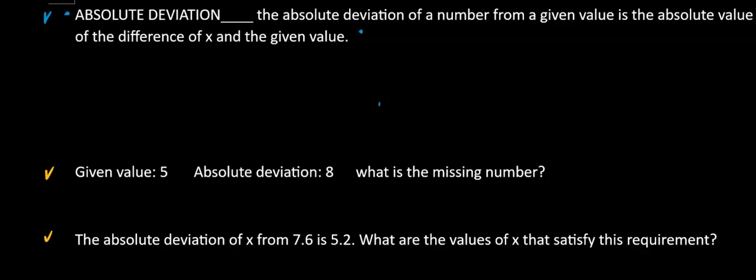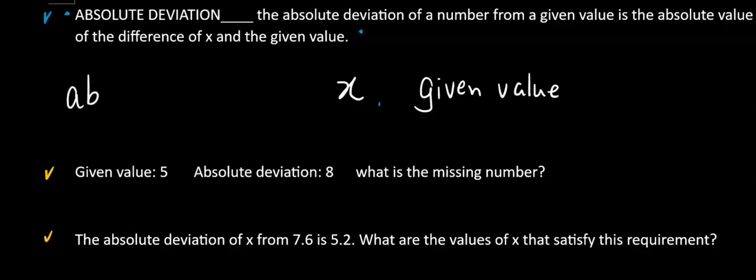Now, if I give you a number, I'm going to call this number a given value. And I have a number I don't know. I can call it n, I can call it x. I know most people say, let's use x. Okay, let's use x. And I want to find absolute deviation.